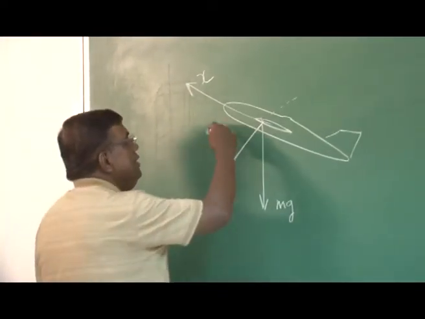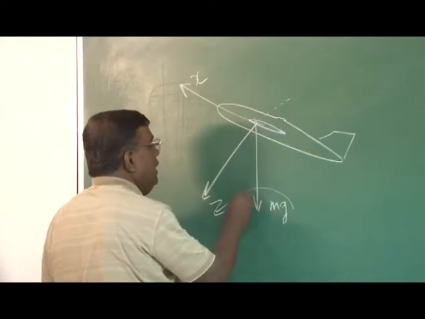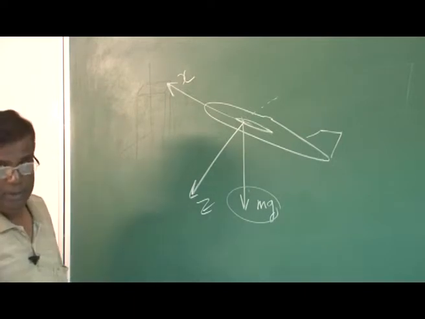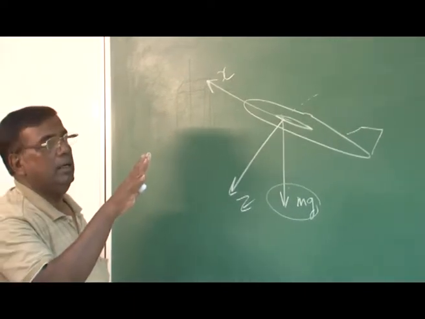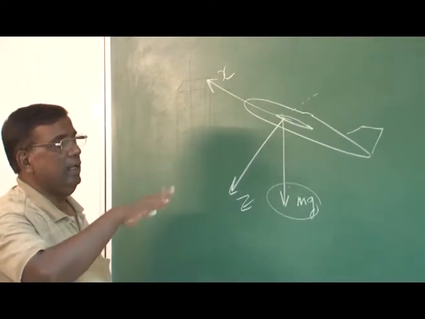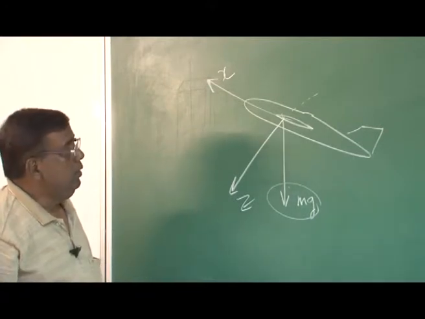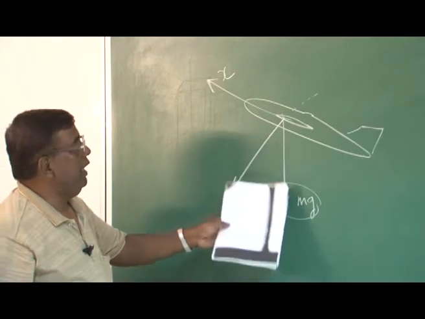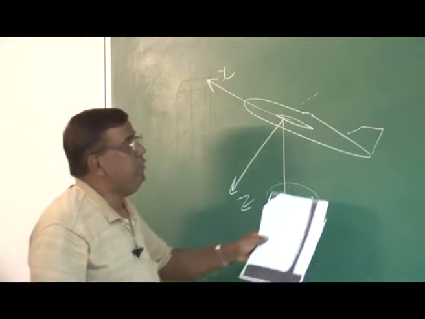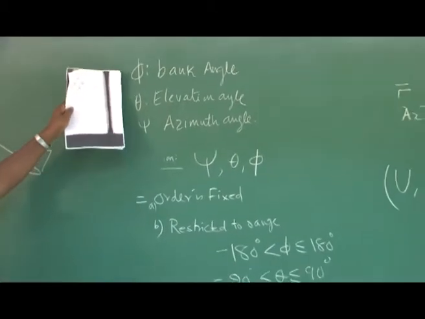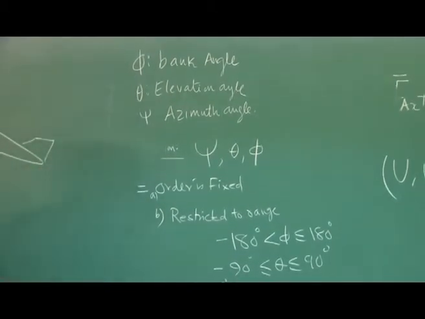But as the orientation is changing, its component along x, y, z also will change depending upon what is the elevation angle, what is the azimuth angle, what is the bank angle. So if I want to resolve this component of weight along x, y and z, I need to know how this mg is being resolved using phi, theta and psi, right?